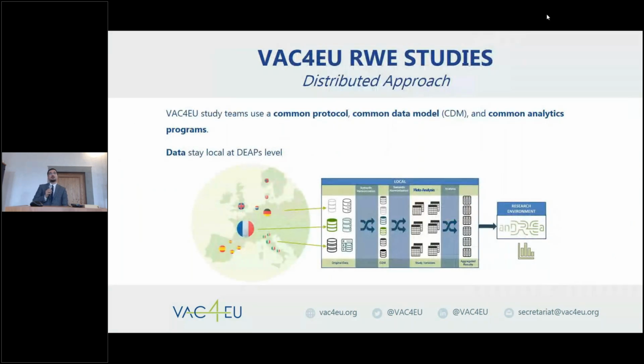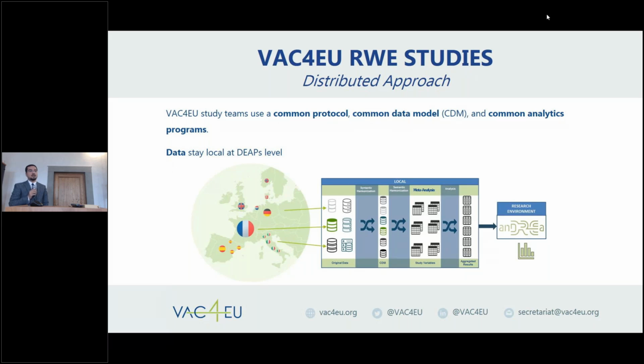One of the most important points for the VAC4EU studies is the use of the common protocol, common data model, and common analytics program. And another important thing is that the person level data is kept at the data source level. So it means that the person level data cannot be shared.